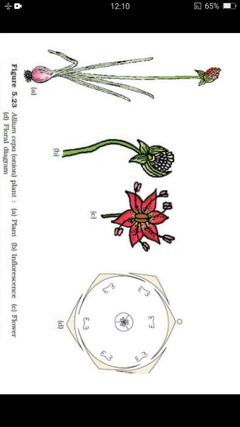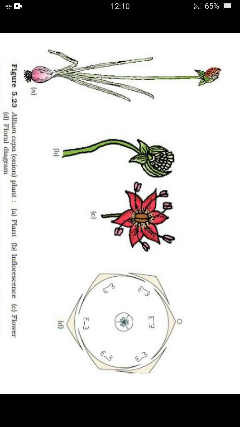Next, androecium. 6 stamens are present, 3 plus 3. Understood? So now these stamens are presented in the androecium. These stamens are attached to the perianth. So this nature is called epipetalous. The androecium symbol is A, right?